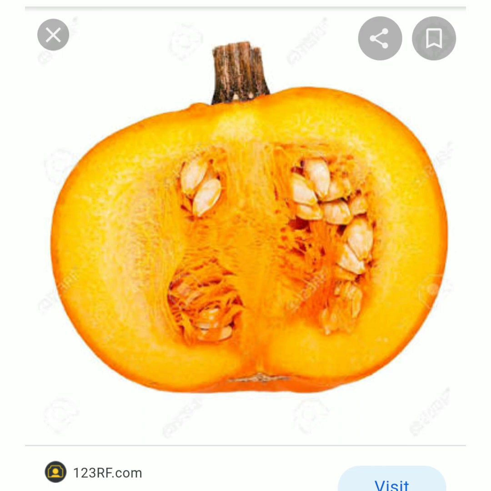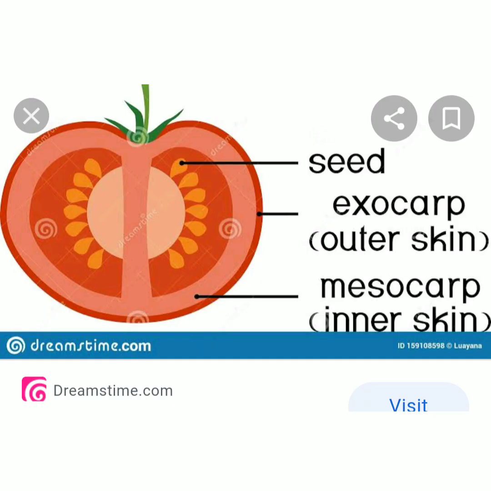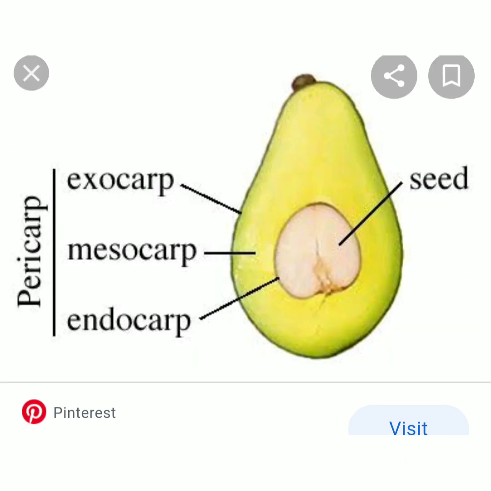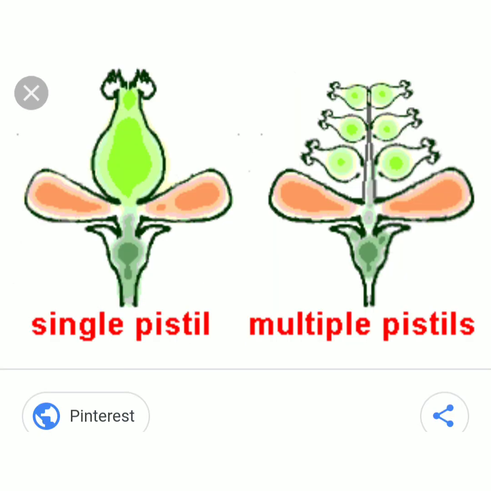Simple fruits are fruits formed from a single flower. A single flower having a single ovary gives rise to a simple fruit. But in some flowers, a single flower consists of more than one ovary. So each ovary develops into a fruit, and a single flower gives rise to many fruits.